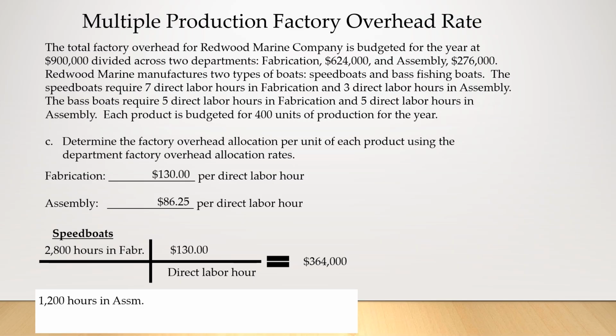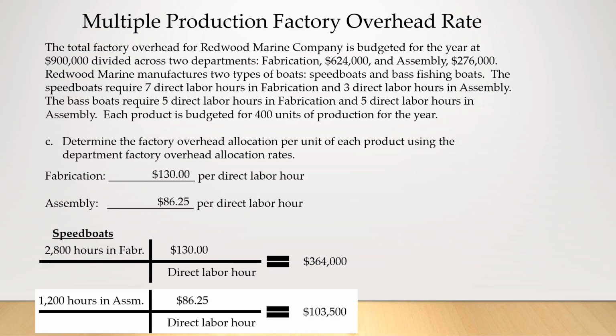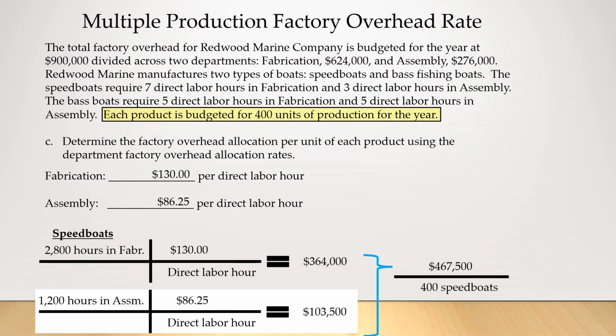Multiply those hours in assembly by that department's allocation rate, and assembly overhead allocated to speedboats comes to $103,500. Combine that sum with the total fabrication overhead, and total overhead allocated to speedboats is $467,500. Remember that speedboat production is budgeted at 400 boats for the year, so our overhead per speedboat is $1,168.75.